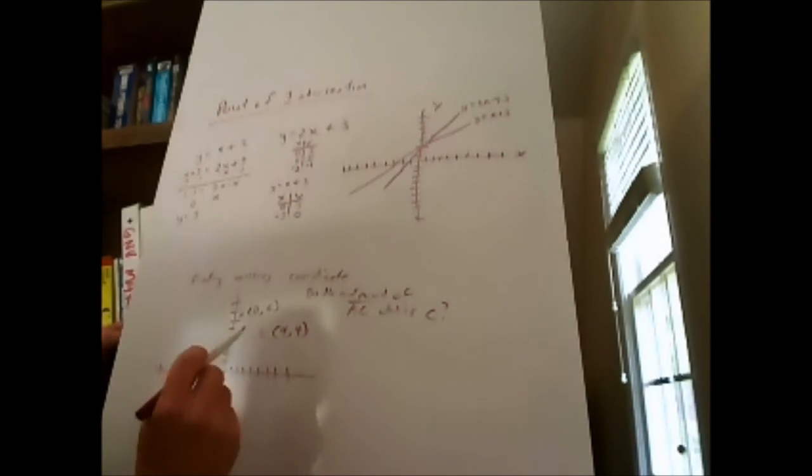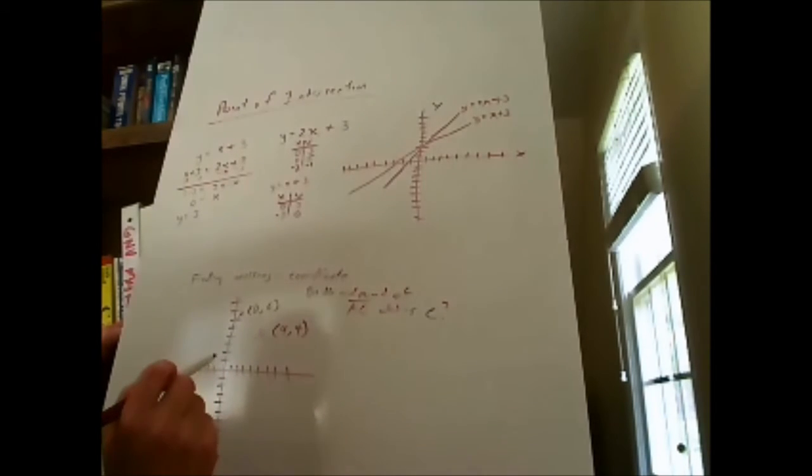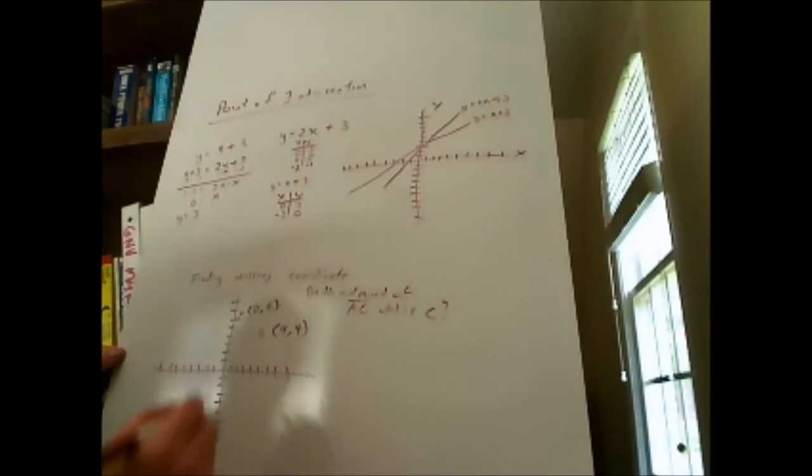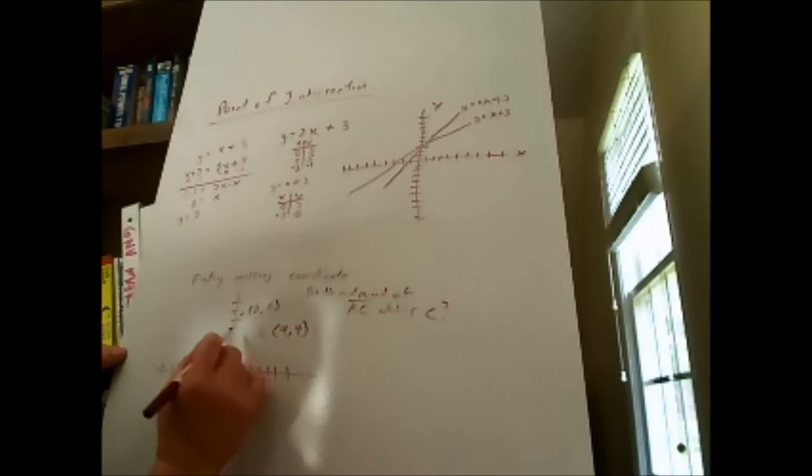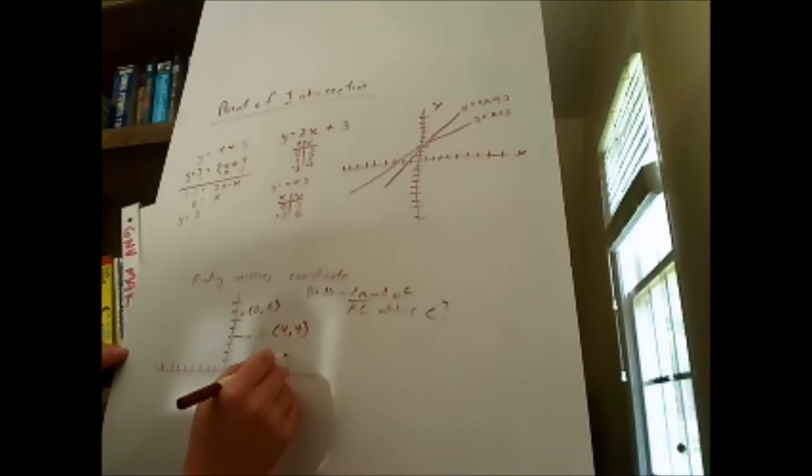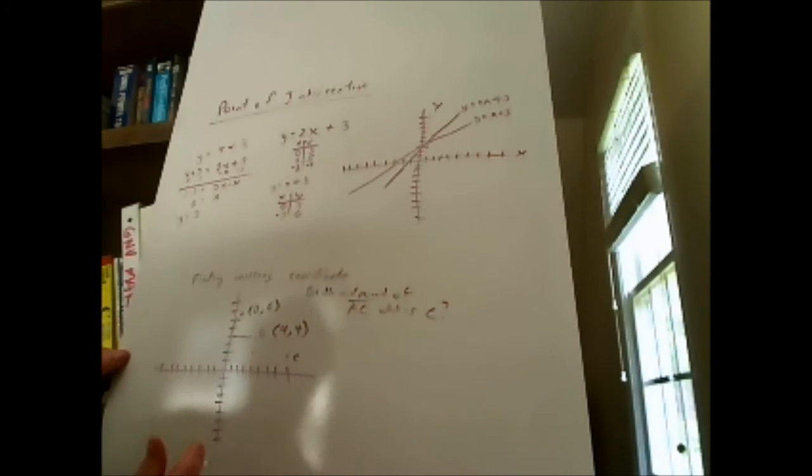One thing you can do is look at the slope to help you figure out what's going on. It's going down 2 and over 4. So if you take this point, you go down 2, 1, 2, to right here, and you go over 4, 1, 2, 3, 4, to here. That's your point C, not drawn to scale very well.